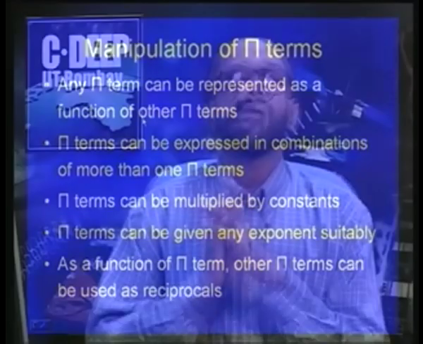So while doing dimensional analysis using the Buckingham pi theorem, the pi terms can be manipulated in different ways: we can represent one pi term with respect to other pi terms, multiply by a constant, use reciprocals, or give suitable exponents such that we get the appropriate dimensionless form, or the appropriate equations can be formed. This is very important as far as the Buckingham pi theorem is concerned. Here we can manipulate the pi terms in different ways so that we get suitable forms.